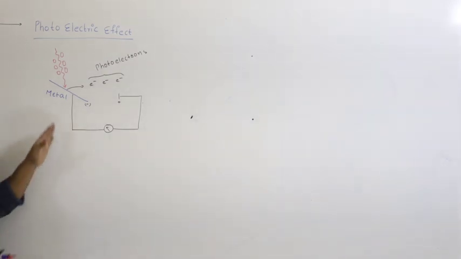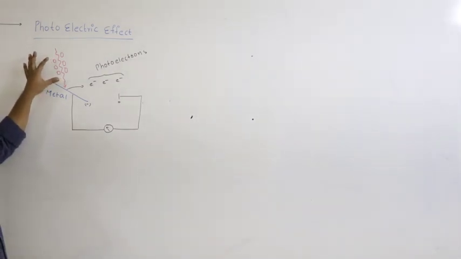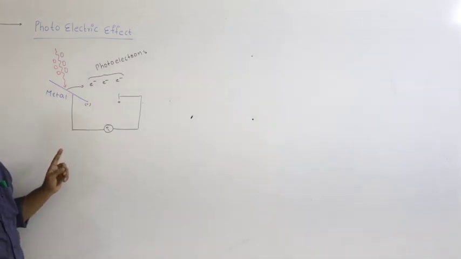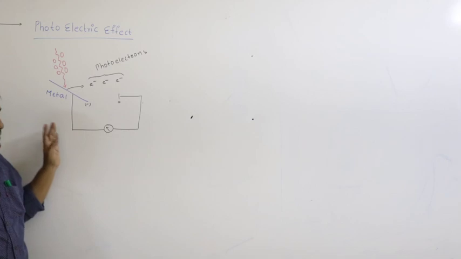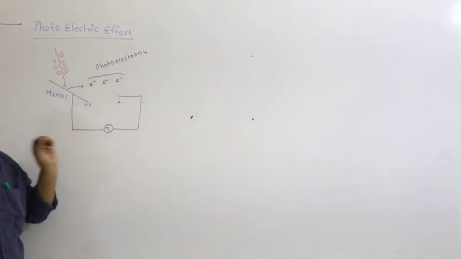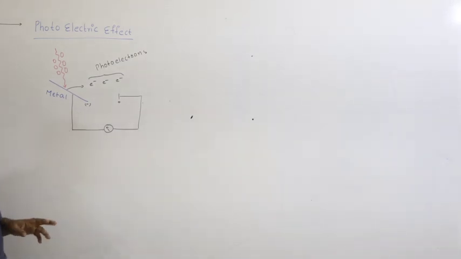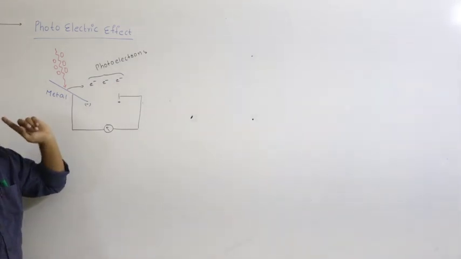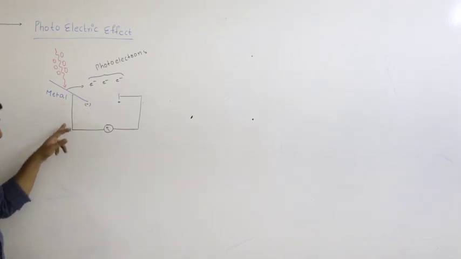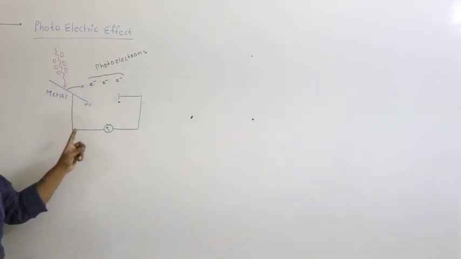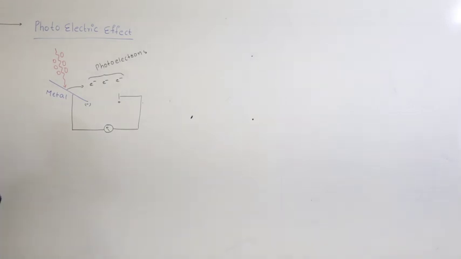So when suitable light falls on metal surface, electrons are ejected from the surface. When you connect it to the circuit, these electrons move or carry the current, which we call photoelectric current. The current is carried by the emitted electrons. So what we have studied is the meaning of photoelectric effect, photoelectrons and photoelectric current.